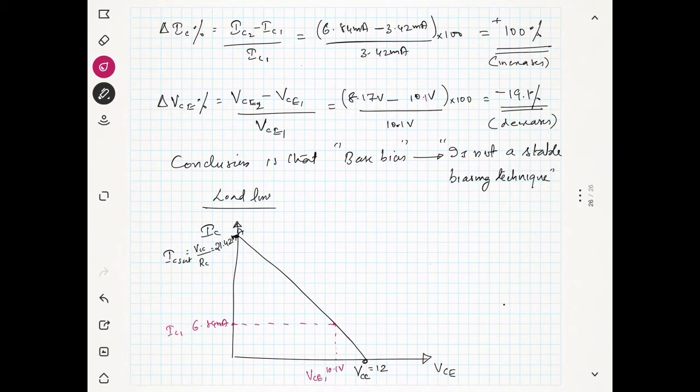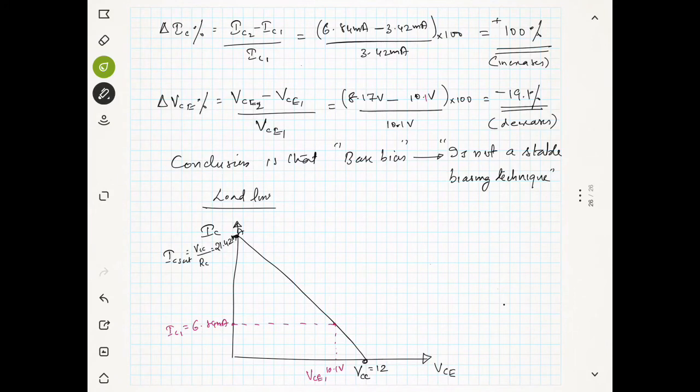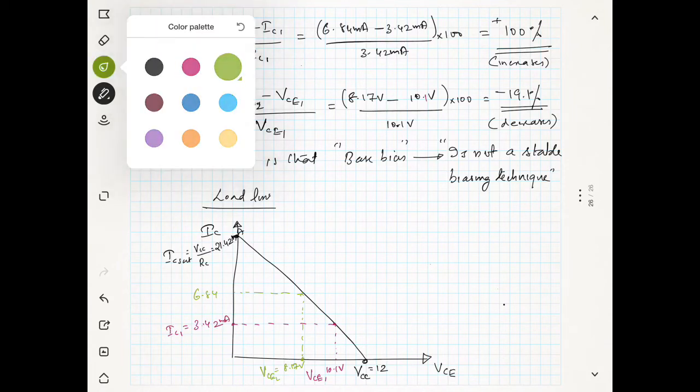This is IC1. Now due to the change in the temperature, you can see here the new value has been shifted here, and VCE2 is equal to 8.17 volt, and IC2 become... sorry, the previous one is not 6.84, it is 3.42 milliampere, and now it becomes 6.84 milliampere.